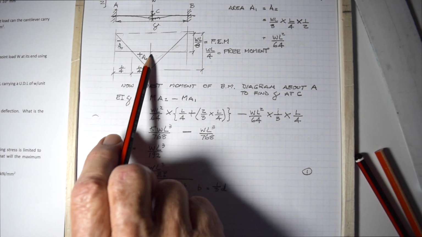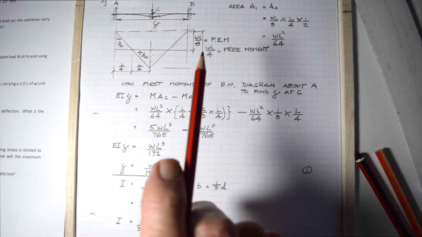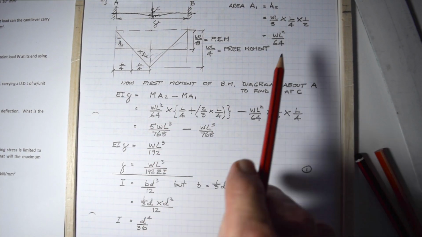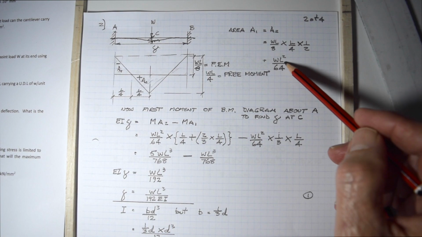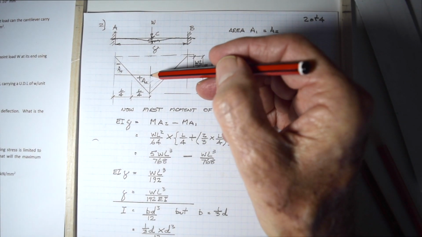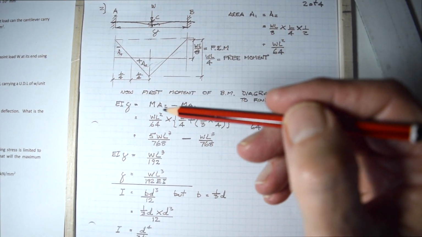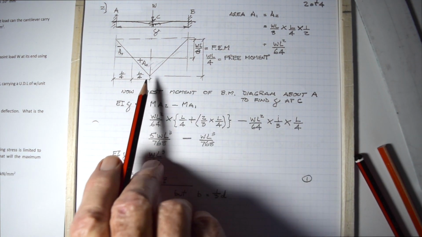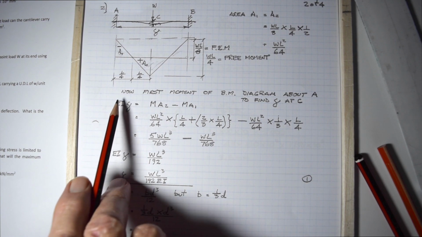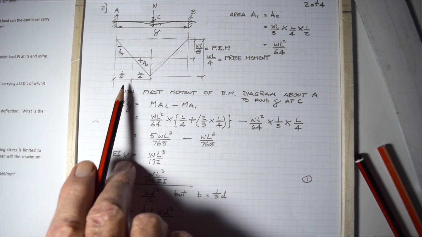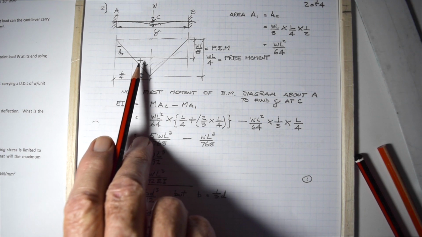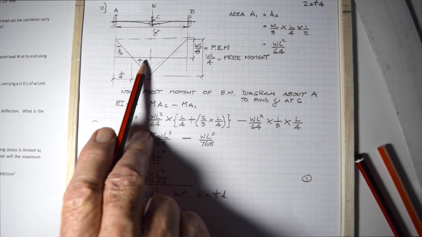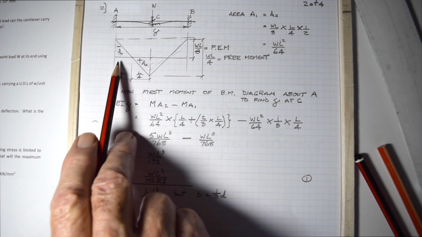And the moment of A2, which is this area there, is WL squared over 64, going back there, WL squared over 64, which is that dimension there, times L over 4, times 2/3 of this distance of L over 4, plus L over 4.